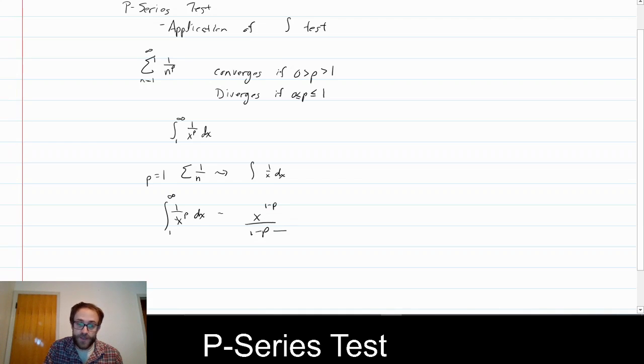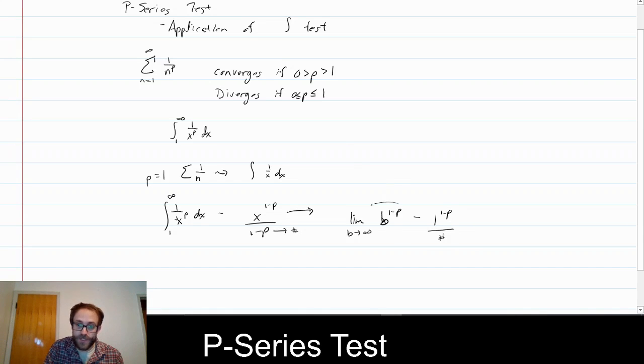So 1 minus p, that's just a number, and what we're really concerned about is this guy. So we take the limit as b goes to infinity of b to the 1 minus p, minus 1 to the 1 minus p. So this guy, that's just a number in all cases.